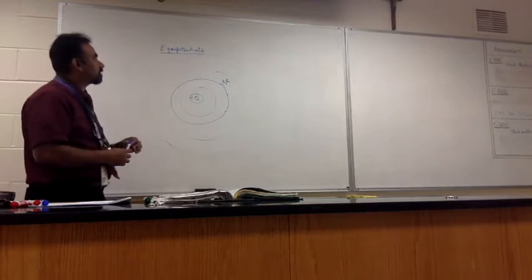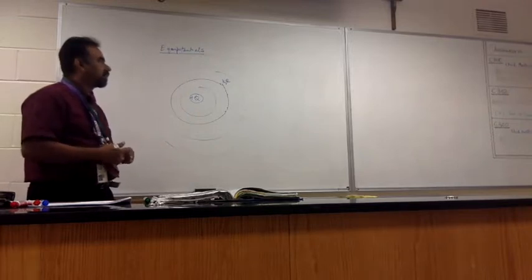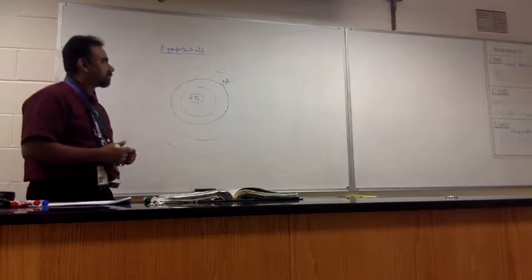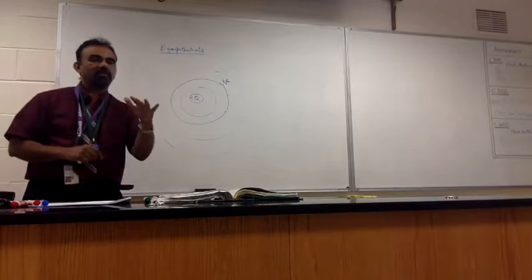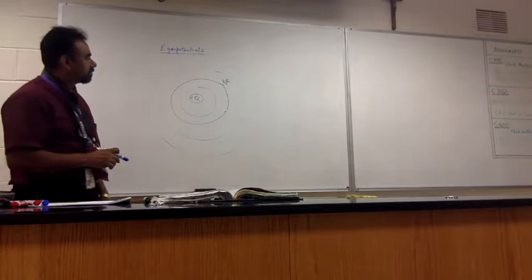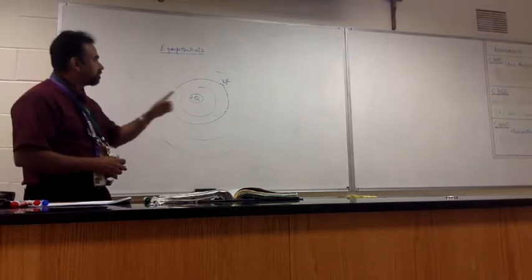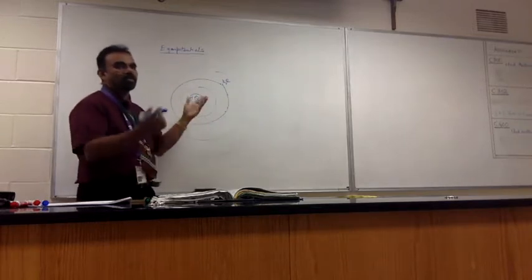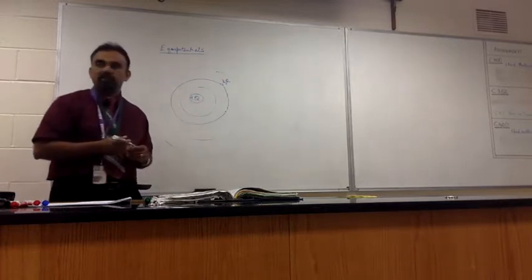So equipotential surfaces or lines are lines or surfaces formed by connecting all the points having the same potentials. And you can see that there are infinite number of them. Now, which of these potentials is higher? The closer one is higher, and the other one is lower.